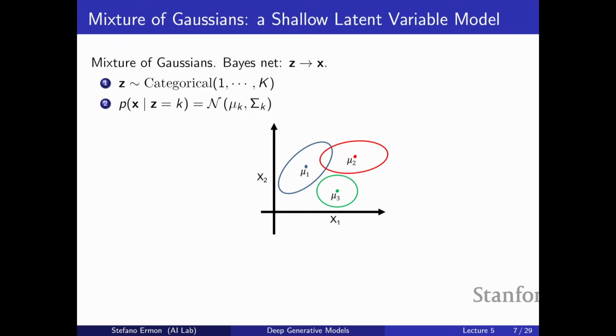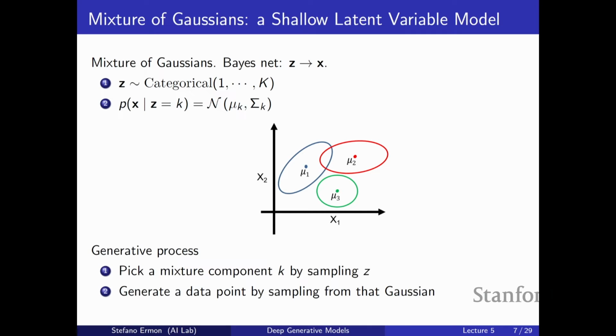And so it would look something like this. If X is two-dimensional, so there is X1 and X2, then each of these Gaussians would be a two-dimensional Gaussian, and these Gaussians will have different means, say mu1, mu2, and mu3. They will have different covariances. And so it might look something like this.